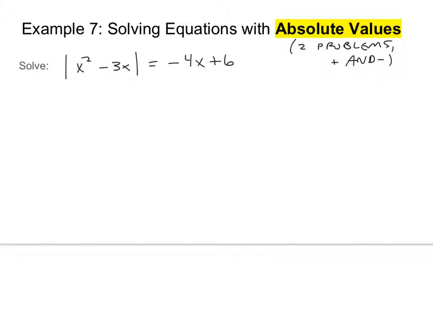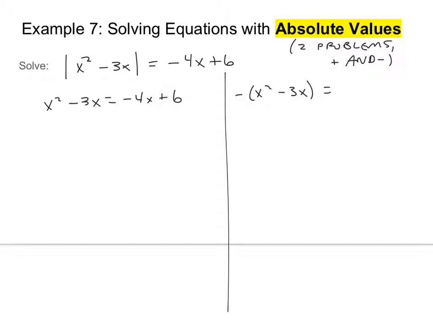Okay, and so with positive and negative, I have to work on both of those. And so what I'm going to do is I'm going to take just the positive, so x squared minus 3x equals negative 4x plus 6. So that's one that I have to look at. The other one that I have to look at is a negative x squared minus 3x equals minus 4x plus 6.